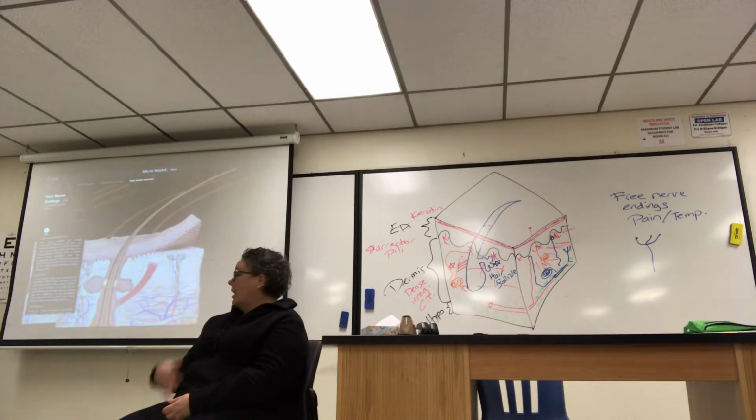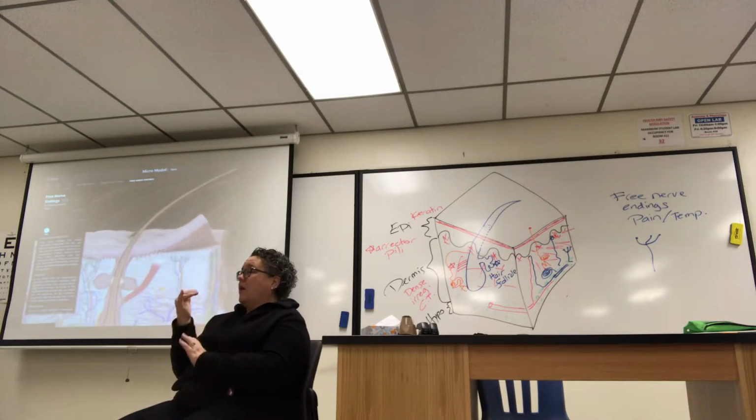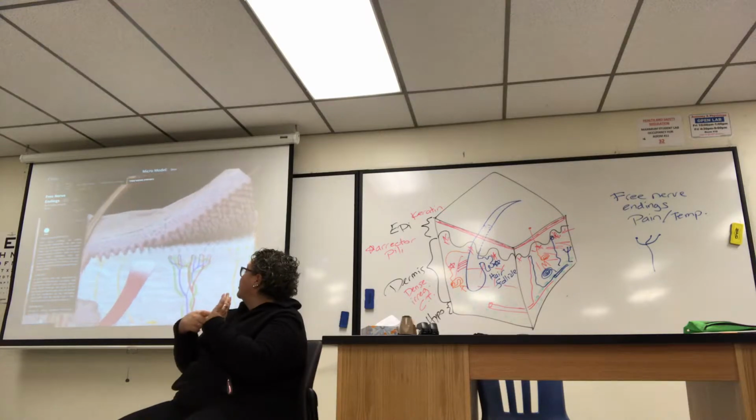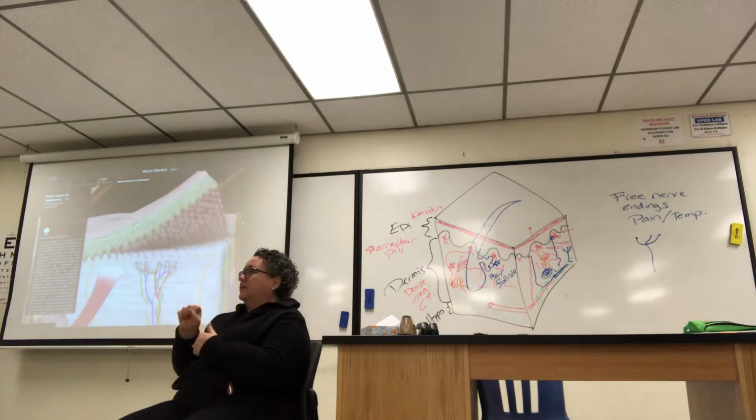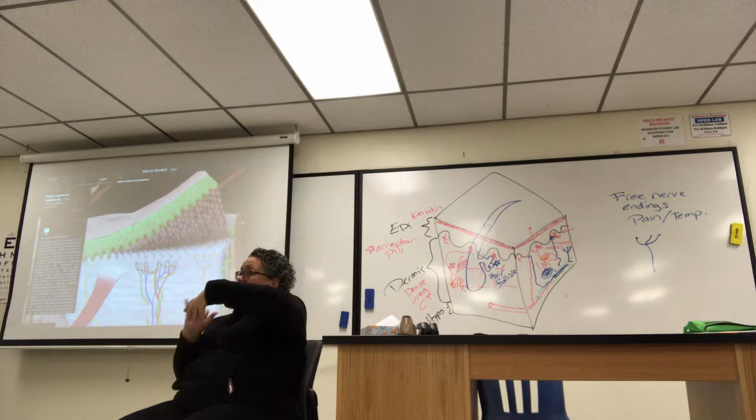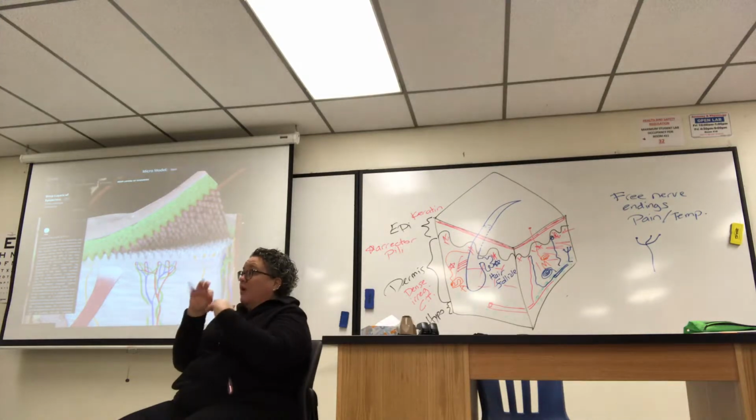What I like about this model is it kind of shows how the epidermis is associated with the dermis. If you rip it apart like they did, it's not a smooth-on-smooth interaction, is it? The deeper layer of the dermis has these ridges.